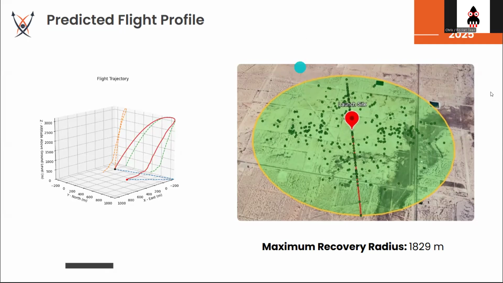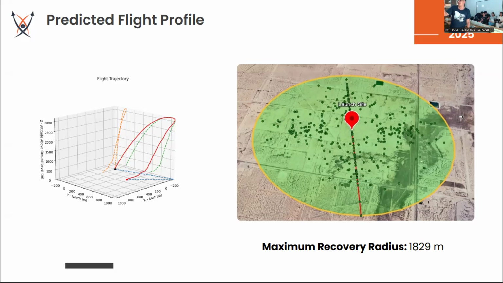Is that with a nominal flight? Yes, that is with a nominal flight. We did this analysis using a variation of the wind speed, the wind direction, and the rail direction. So it was an iterative analysis in order to determine the largest radius that we could have at the moment of the launch.